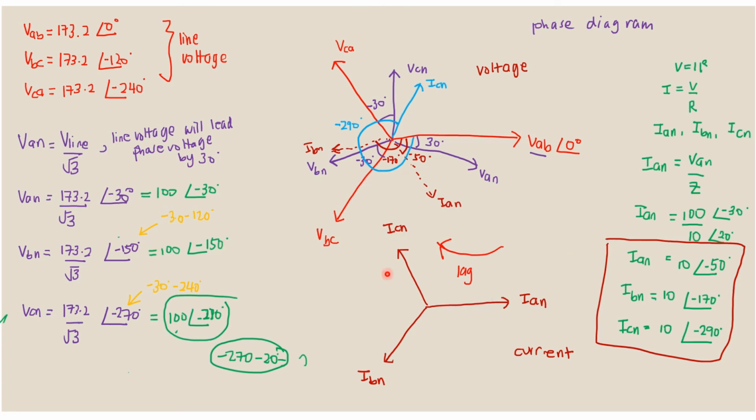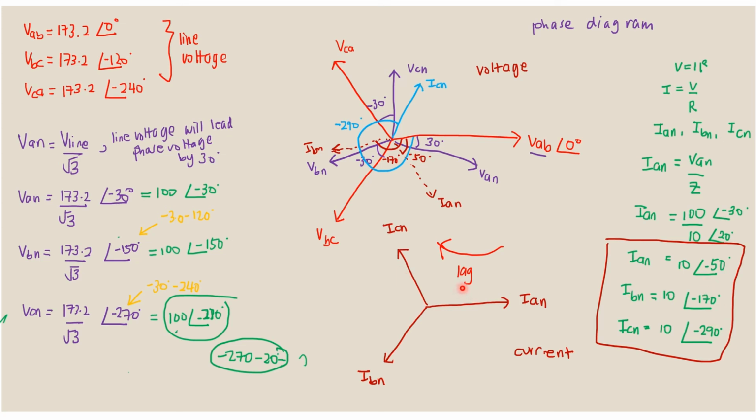The reason is that when you draw the current, it can reflect the equations negative 50, negative 170, negative 290, rather than if you draw separately. If you draw voltage and current separately, you will not see the difference in terms of the degree. When you combine them, you can see the importance of the degree.